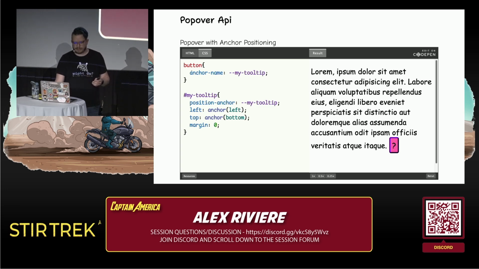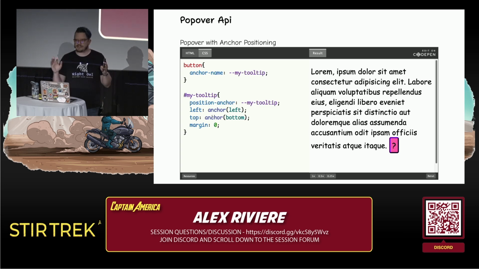So for instance, our button has an anchor name of my tooltip, and then our tooltip has a position anchor of my tooltip. So now this element is anchored to this element, and it knows, oh, if I need an anchor value, that's the thing to pull from. And then you can specify where you want it positioned based on that.